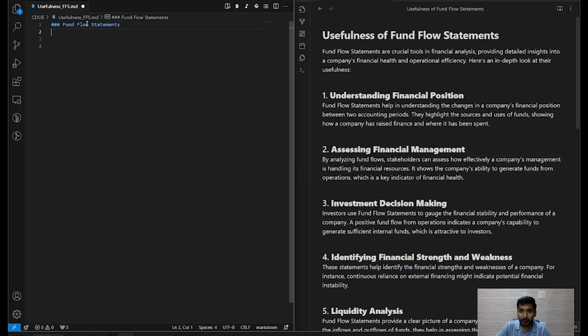The fund flow statements are crucial tools in the financial analysis. So what are fund flow statements? These are crucial tools in the financial analysis. They provide detailed insights into the company's financial health and operational efficiency.